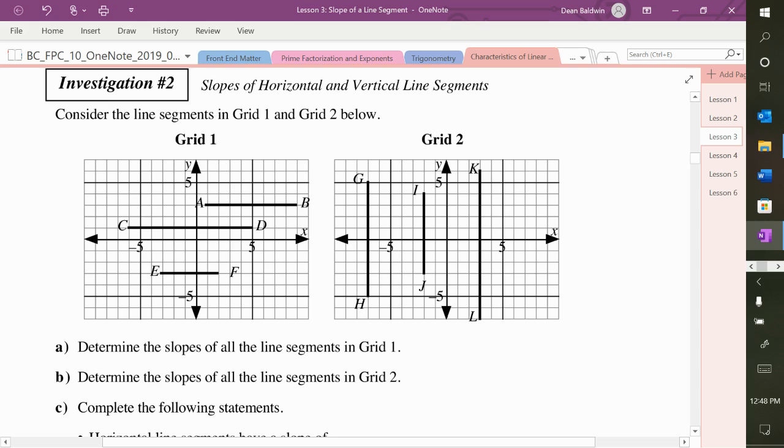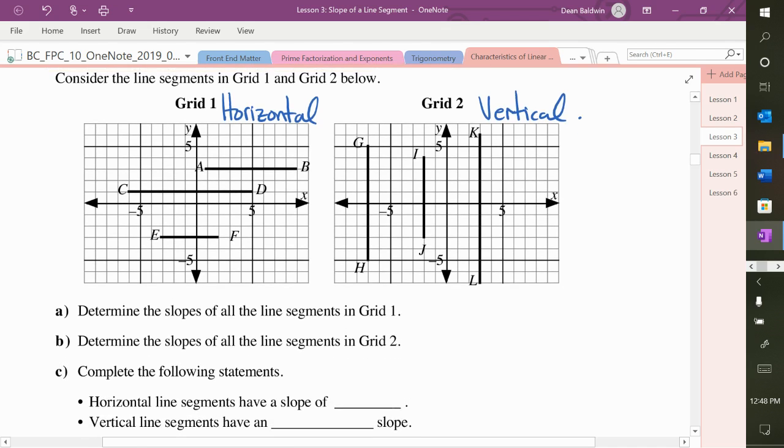Now, look at these 2 grids here. What do you call the lines in grid A, or grid 1, sorry? Those are horizontal. And what about the lines in grid 2? Vertical. Okay. Let's look at horizontal, grid 1.